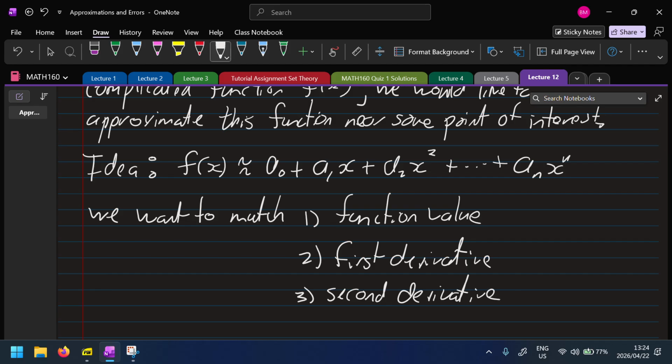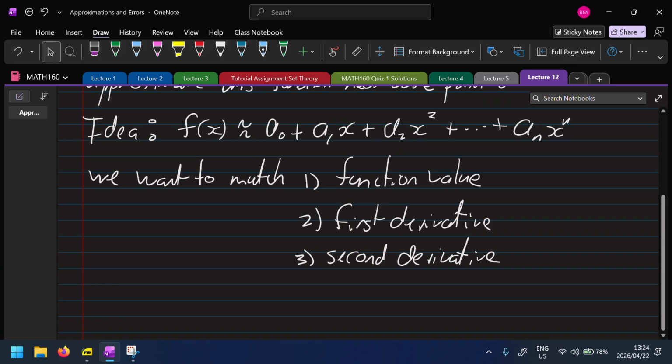If we continue this and match the third derivative and fourth derivative, then the approximation just gets better and better as we add on. But here we are going to stop at number 2 for the linear approximation. And then if we wanted a bit more accuracy, we'll then stop at number 3 with the second derivative. I won't be asking you any questions after that. So it's only the first and the second.